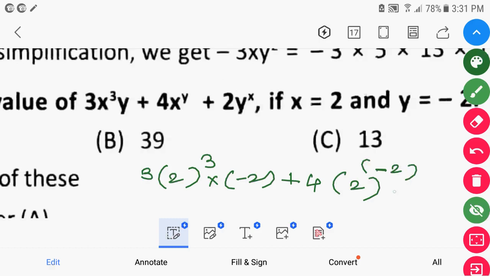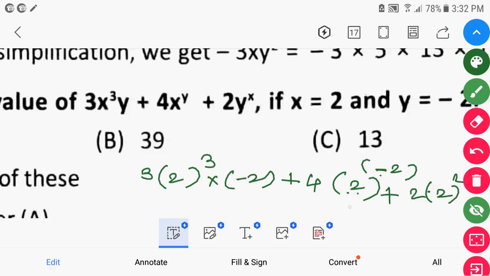So 2 raised to minus 2 plus 2 into 2 raised to 2. Okay. Now you just simplify it.